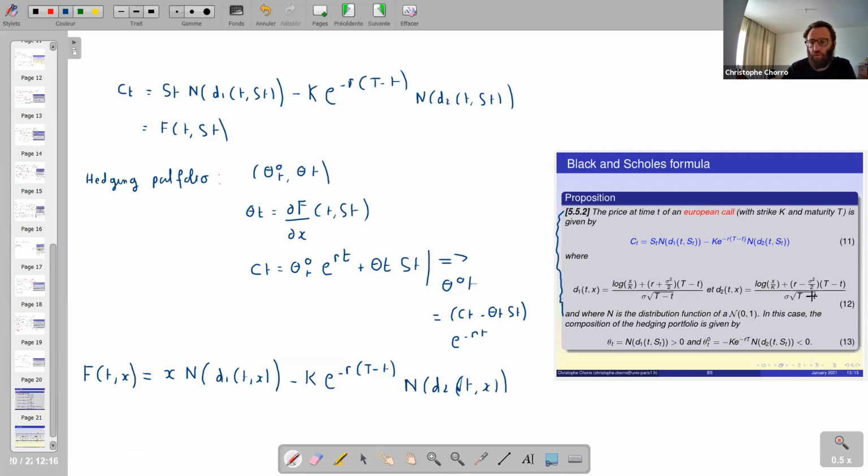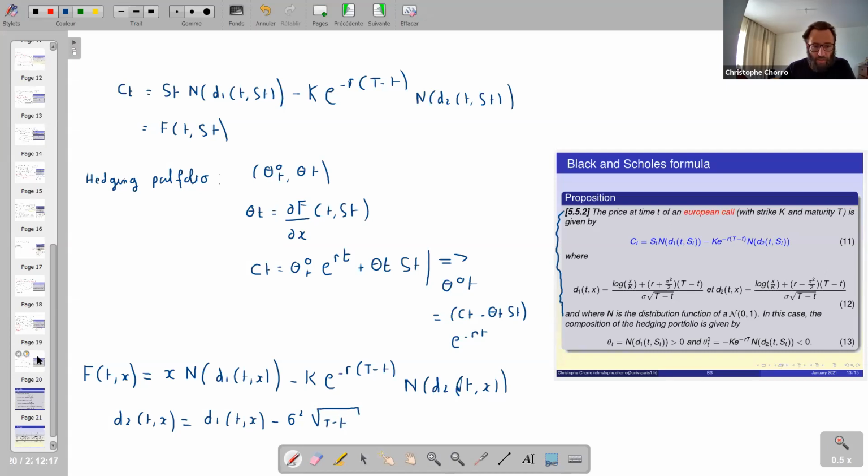And I also remind you that I have a link between d1 and d2, in the sense that, for example, d2 of t, x is equal to d1 minus sigma, the square root of capital T minus t.